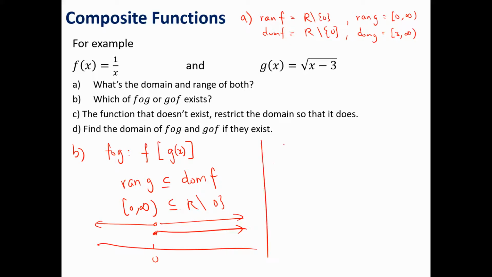Okay, then you go to g of f, which is the other way around. You're now saying in g I'm substituting f of x. In this case, that would mean that the range of f needs to be a subset of the domain of g. We already read it out from part A, so the range of f, which we have, is R excluding 0. Is it a subset of the domain of g, from 3 to infinity?